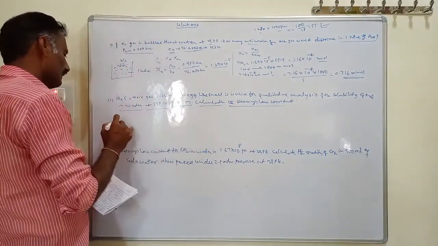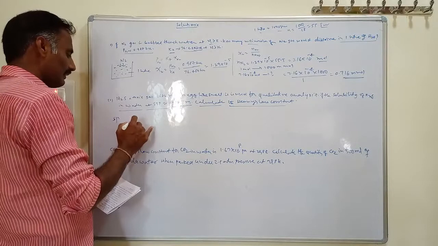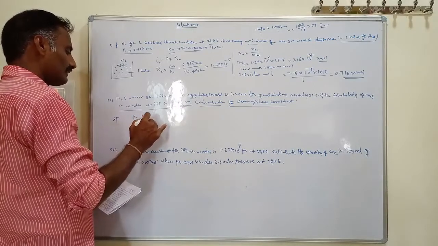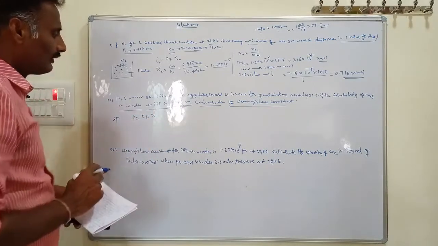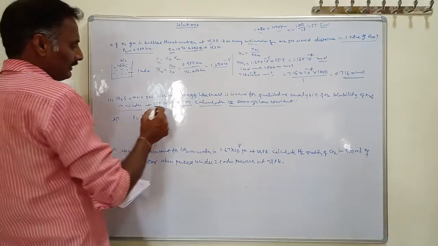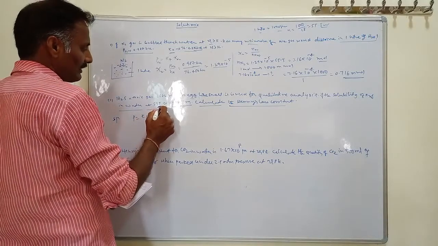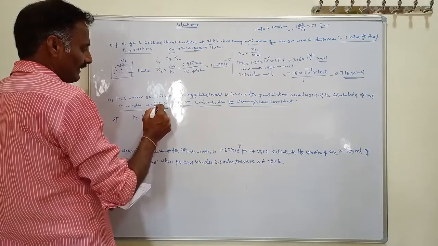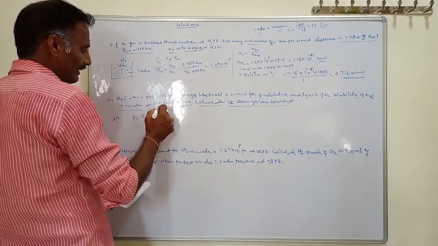According to Henry's law, partial pressure equals Kh into X. Here the partial pressure is the pressure exerted at STP, standard temperature and pressure.